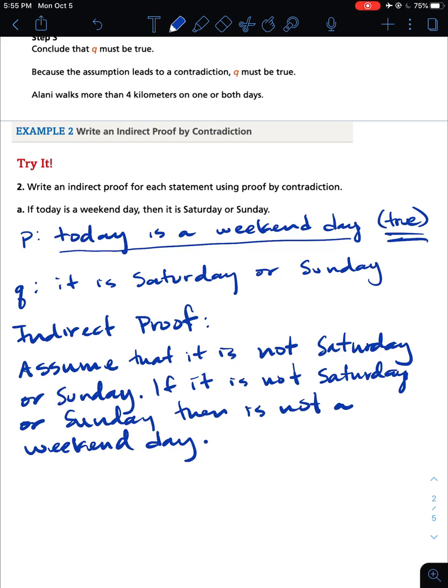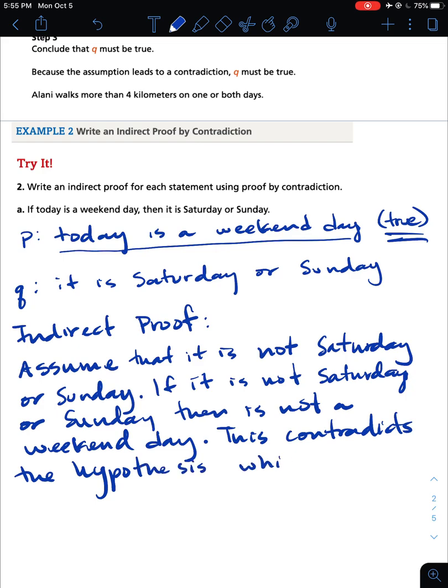So I'm going to say this contradicts the hypothesis, which states that today is a weekend day.